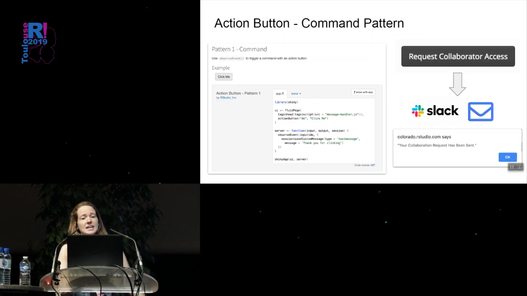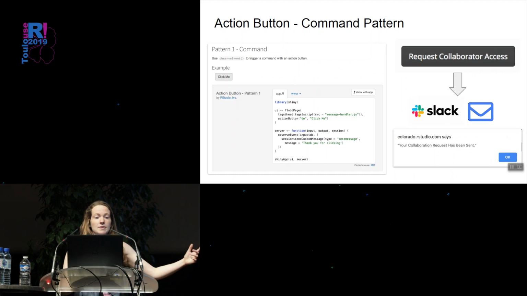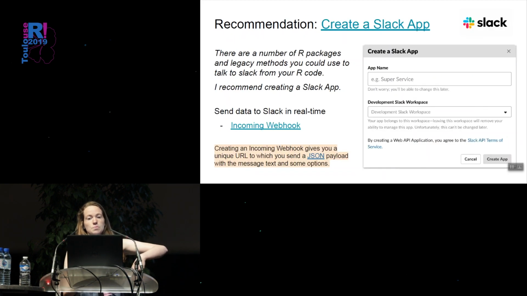So I used the basic action button command pattern that you can find on the Shiny website, and wanted to build a Slack solution for that. There are a bunch of different R packages that you can use to build out Slack apps like this, but I tried a bunch of them, and frankly, I just recommend going to Slack and building a Slack application from scratch.